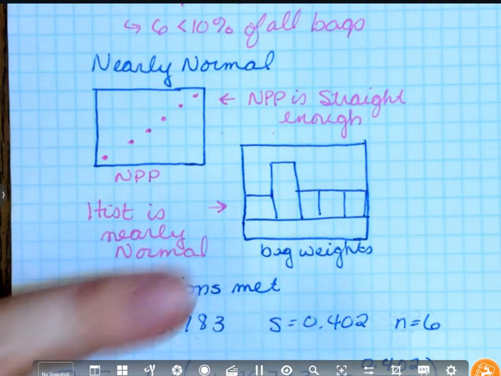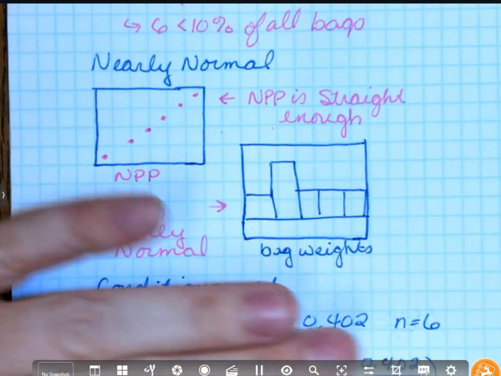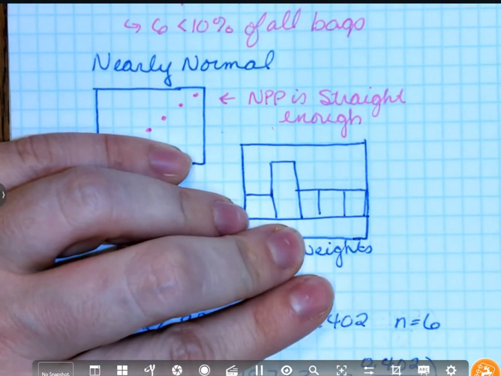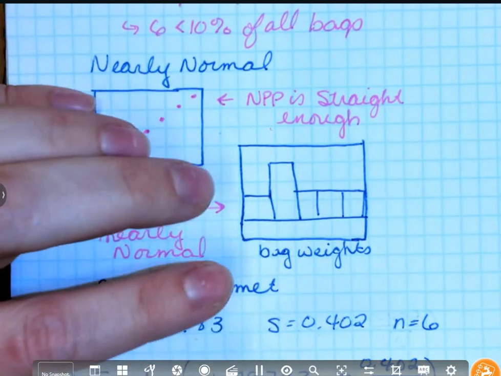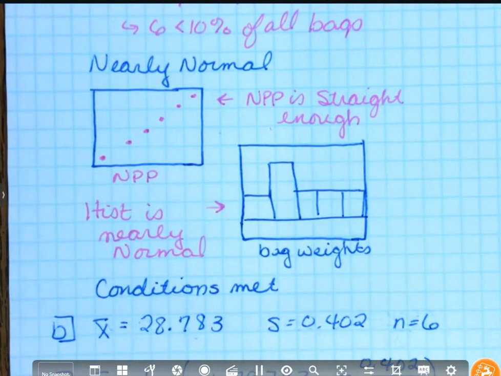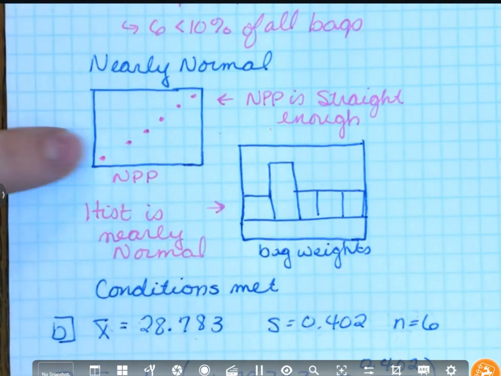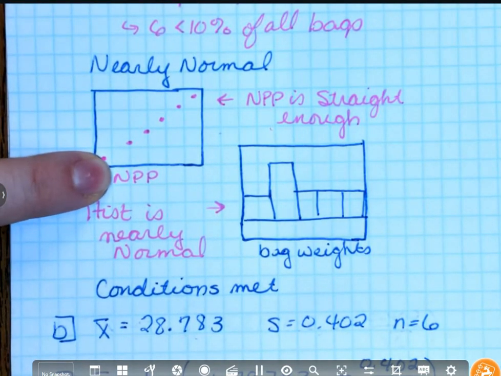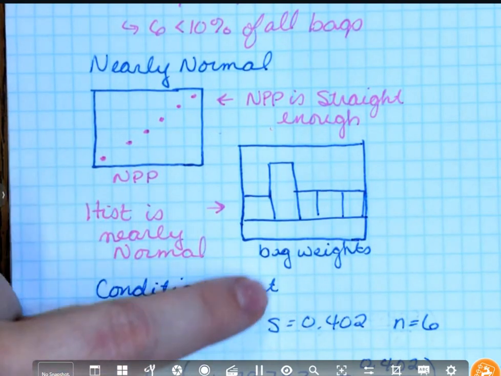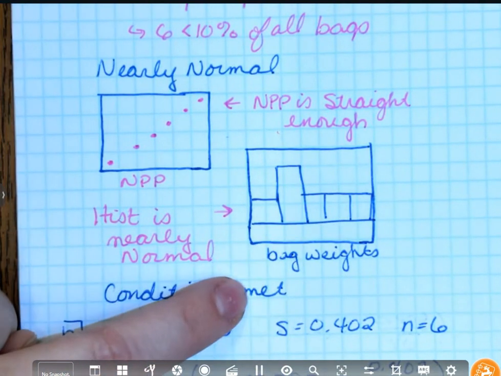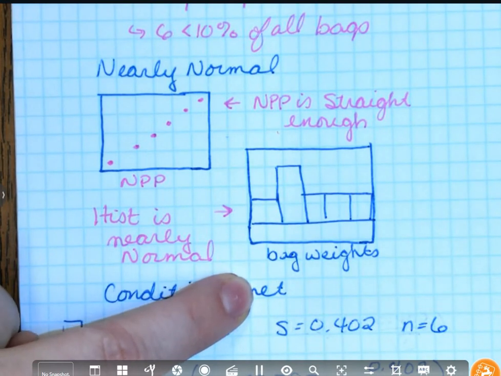But when I do yours, I'll use both as often as possible, just so that the folks who chose one method or the other understand that they both work. You do not need to do them both. If you're doing an NPP, you must label it NPP, a normal probability plot. If you're doing a histogram, you must label it bag weights. Okay? That's as detailed as you need to get on those.